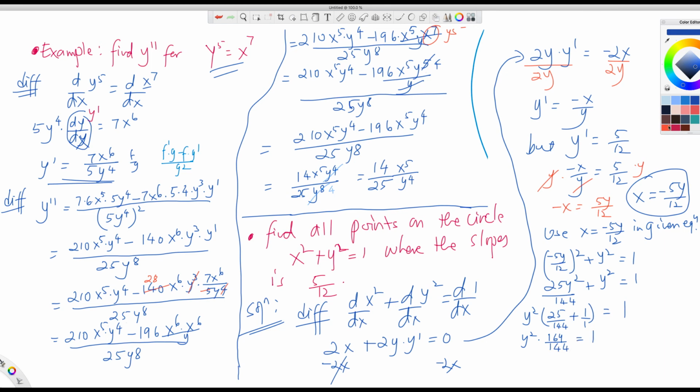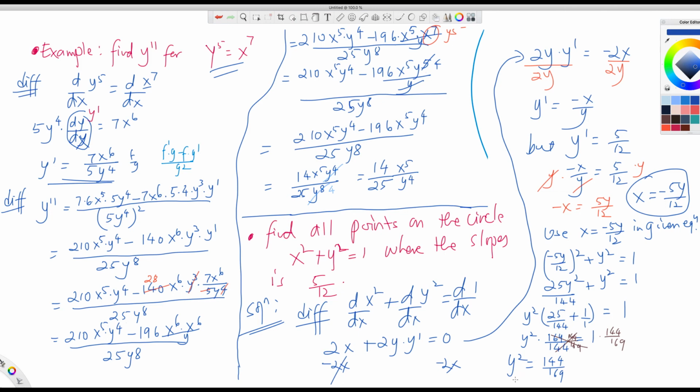So I need to multiply both sides by 144 over 169. The factors cancel out, so you get y squared equals 144 over 169, right?